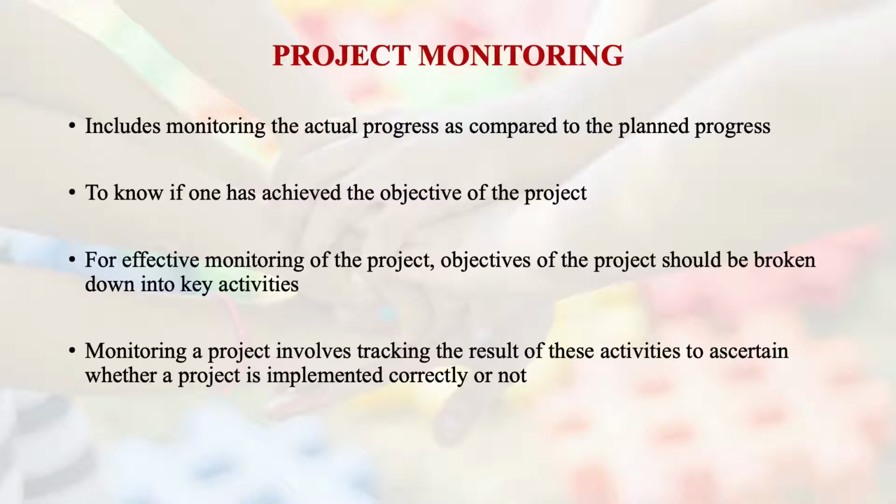And monitoring a project involves tracking the results of these key activities to ascertain whether a particular project has been implemented correctly or not. That is very, very important to understand. So monitoring a project involves tracking the results, as we had discussed earlier, how to measure the progress of the project, the implementation of the project, that is the actual progress.